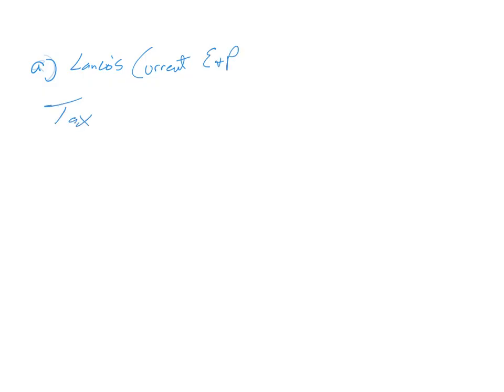All right, so here we go. So first, what do we have to do? So remember, this is A. Oops, I'm going to change my pen so it's not highlighting anymore. Okay. There we go. That's better. Okay, so we're looking for their current E&P. What do we start with?